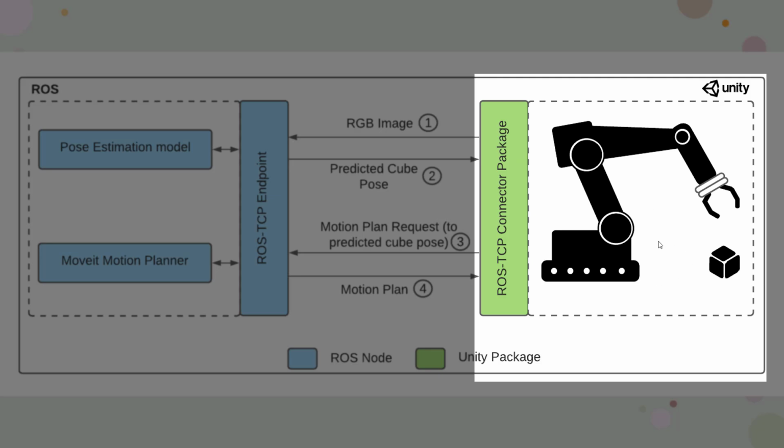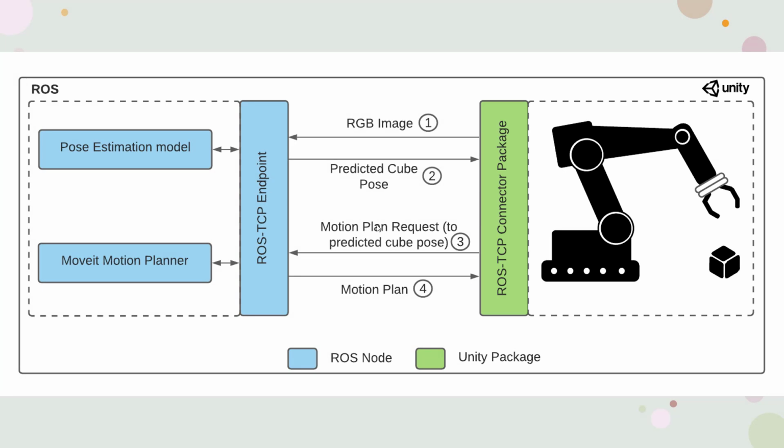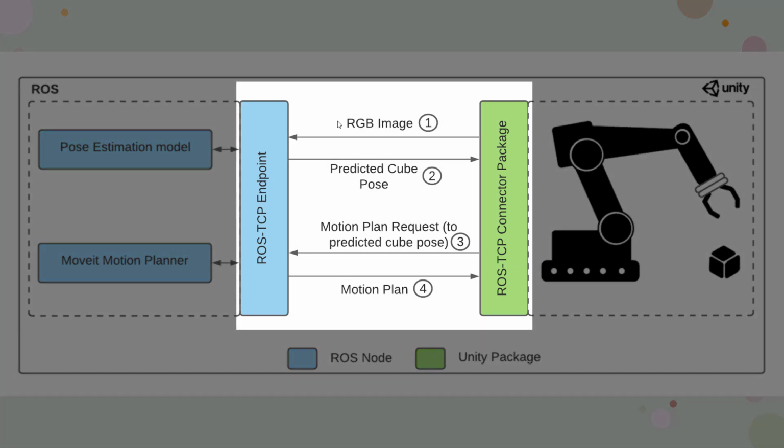Here we have our robot, and the connection between the ROS TCP endpoint and the ROS TCP connector package has all these messages. First of all, the input is the RGB image from the camera of the robot in Unity to ROS.